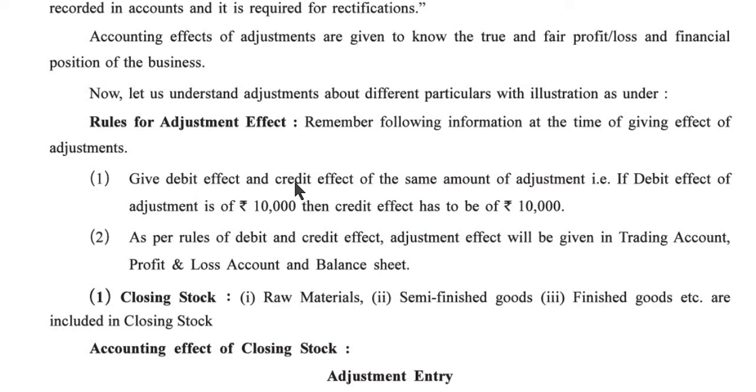Give the debit effect and credit effect of the same amount of adjustment. If the debit effect of adjustment is rupees 10,000, then the credit effect has to be 10,000. As per the rule of debit and credit effect, adjustment effect will be given in trading account, profit and loss account and balance sheet. So this is our rule.